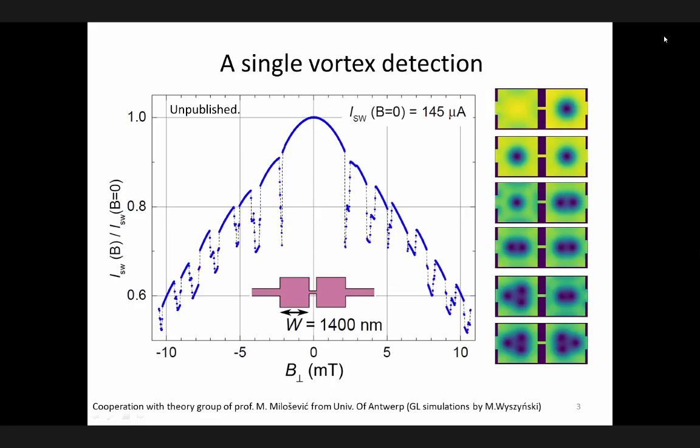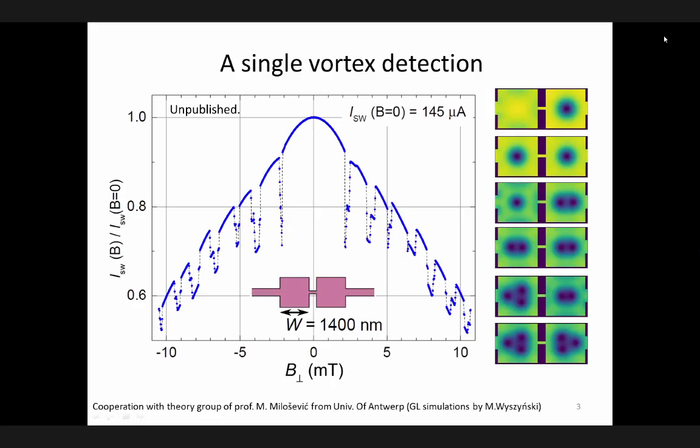When you measure its switching current as a function of perpendicular magnetic field, you see for small field the typical suppression of the switching current due to the Meissner effect. The Meissner screening currents circulating in the box try to expel the magnetic field, and they reduce the strength of the order parameter in the vicinity of the bridge, so the switching current is suppressed.